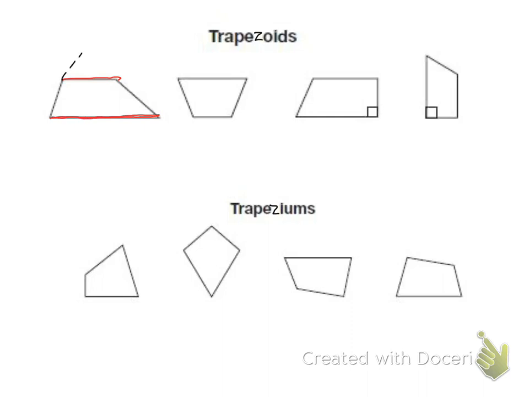If I continued these lines, they would run into each other. On this one it's top and bottom, and on this one it's left and right. It can be either of the sides, but it only has 1 pair.